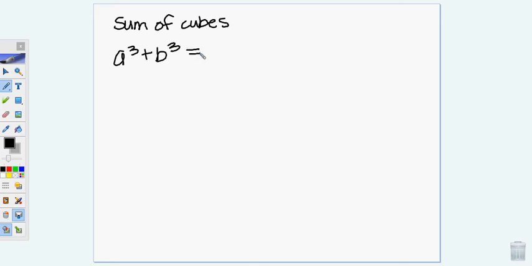When I'm factoring this into a simpler form, I end up with (a plus b) times (a squared minus ab plus b squared). This is a sum of cubes, and you're going to need this when you try to solve, because it will come in handy as it's being reduced down.